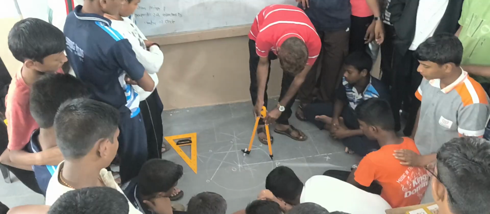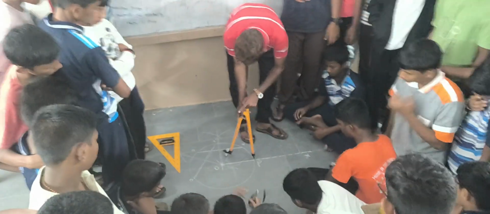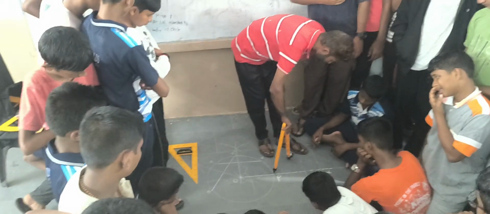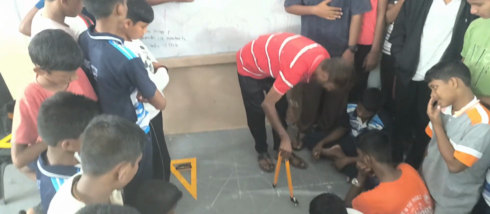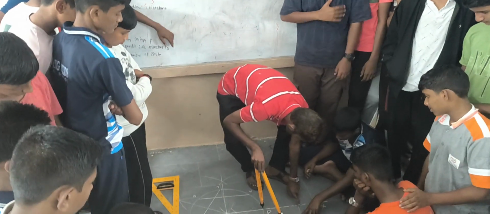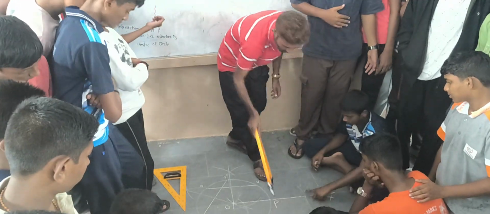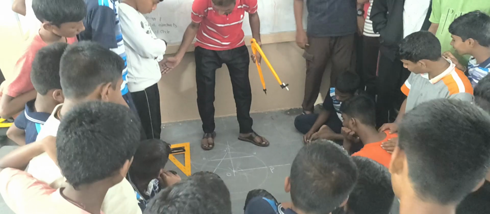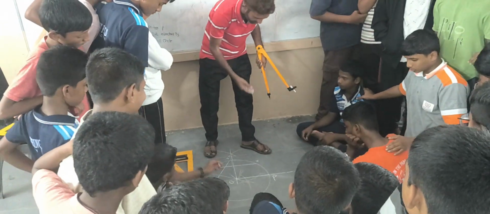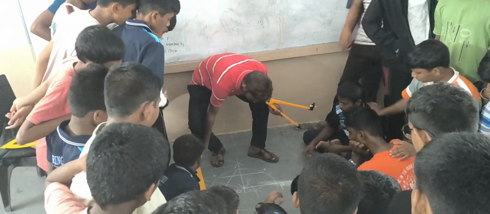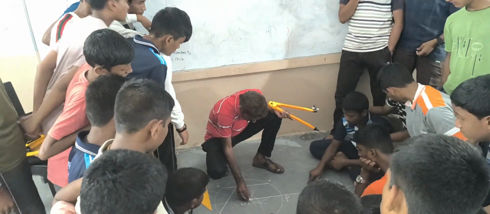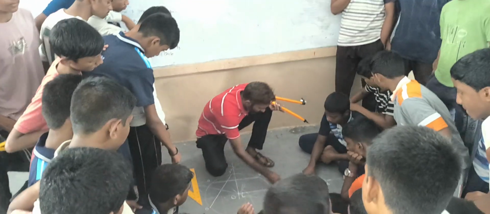I am going to draw two arcs, where the arcs intersect at the OP side, that is the radius side, and at the PX side also. Already we have used AB and CD, so let's use L and M. So this point is L and this point is M.